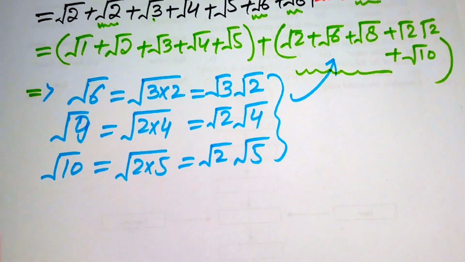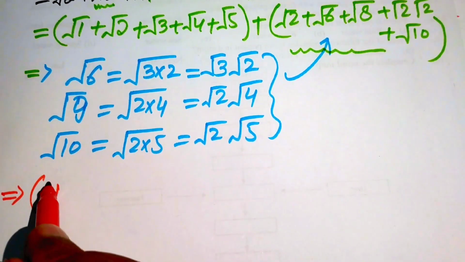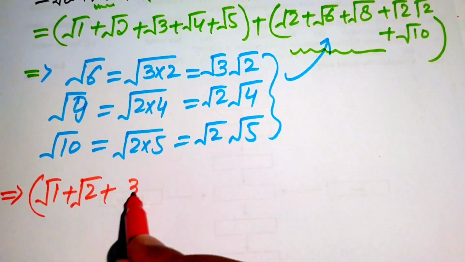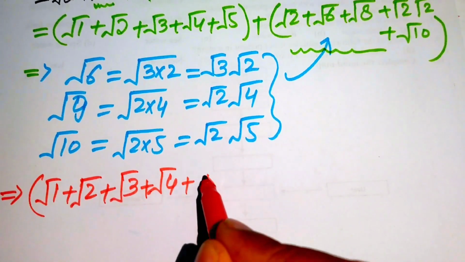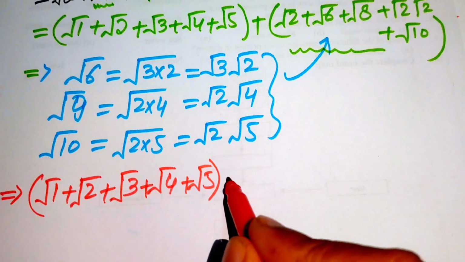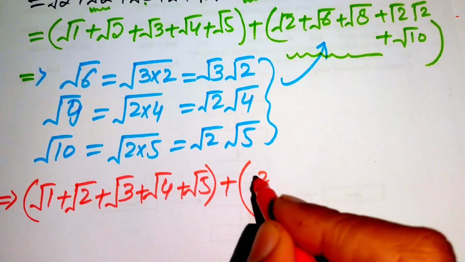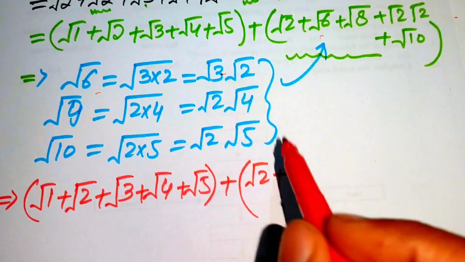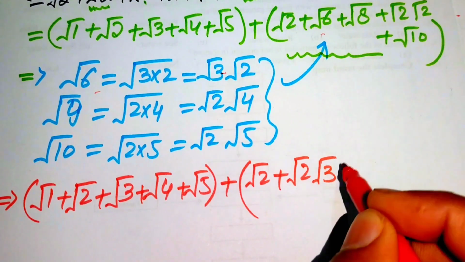First we write our first pair as it is, and it will be written as square root of 1 plus square root of 2 plus square root of 3 plus square root of 4 plus square root of 5, and plus, first we have square root of 2, we write it as it is, plus we have square root of 6 and we replace this value and it will be written as square root of 2 into square root of 3.